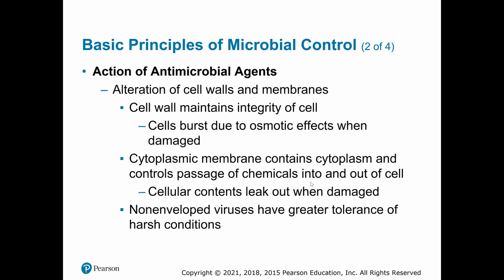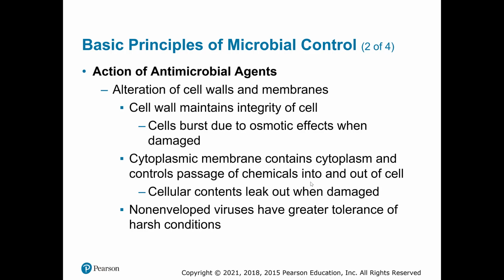Okay, so we're going to be talking about some microbial control methods in a minute. But what exactly are these methods doing to the bacterial cells or to all these other microbes that it might be killing or inhibiting? And there's two main mechanisms specifically for bacteria.